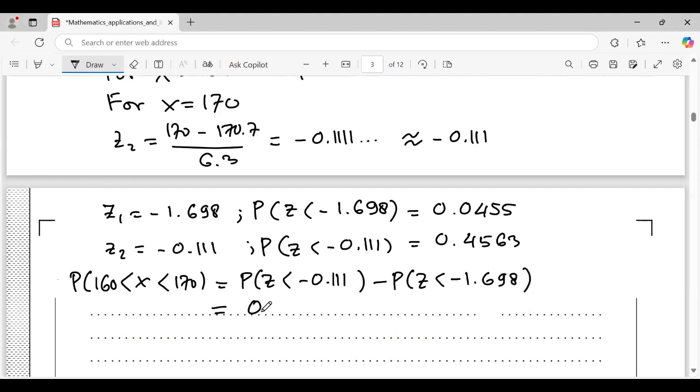It is 0.4563 minus 0.0455. And the result is 0.4108. Round off becomes 0.411.